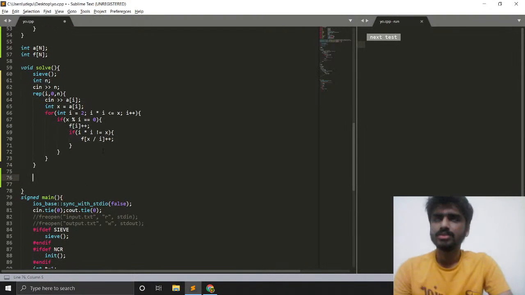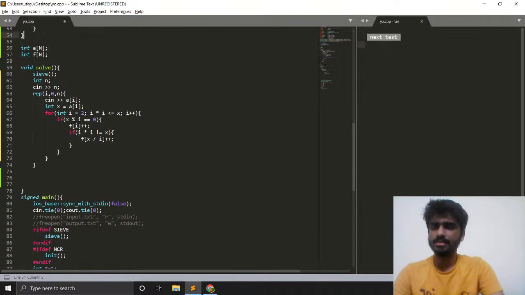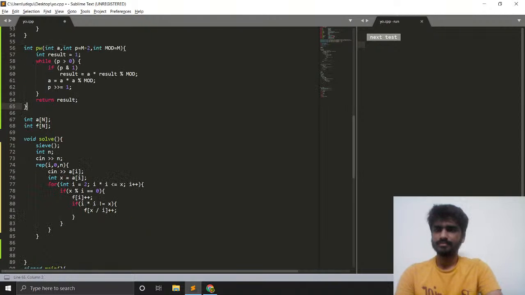So let's say if I had 10 elements in some element, then each of those will be in like 2 to the power 9 of the subsets. So I mean binary exponentiation.